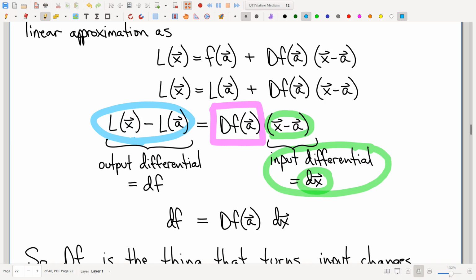It's not actually how much f changed, but it's my estimate of how much f changed. So that, in fact, is what we mean by an output differential. An output differential, anyway, is a linear estimate of the actual change.